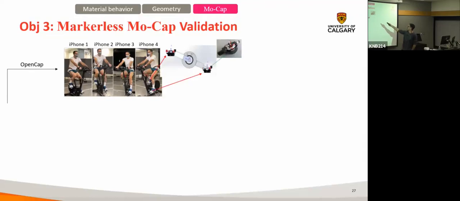There are pedal sensors, and these pedal sensors give you 3 forces in local coordinates and 3 moments, in local and global coordinates, where the origin is the center of the crank here. There is another sensor, an encoder, that measures the position of the pedal and the crank at each time.